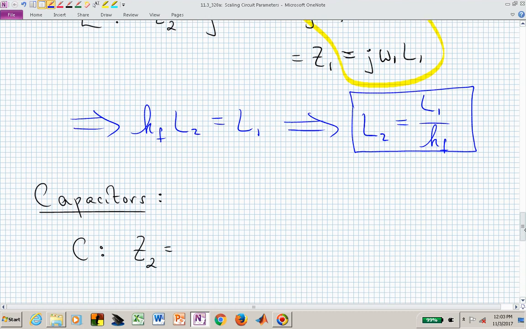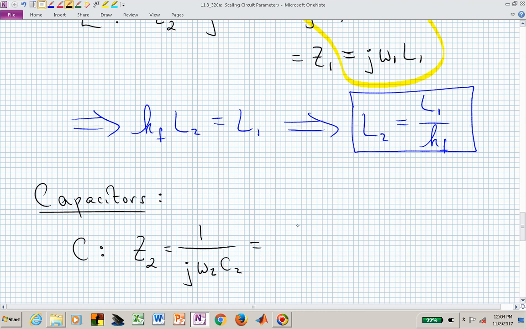What about capacitors? Let's do the same analysis. Z sub 2 is the impedance at frequency 2 with the final capacitor C sub 2. So this is 1 over J omega sub 2 C sub 2.